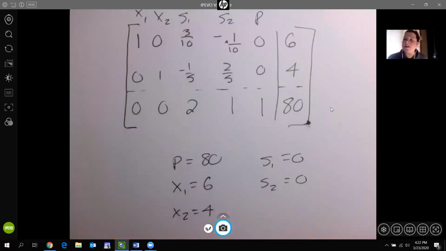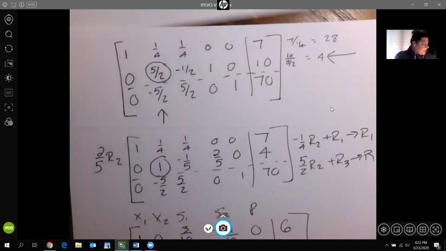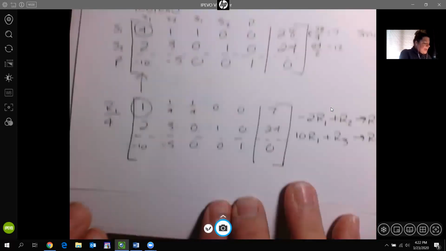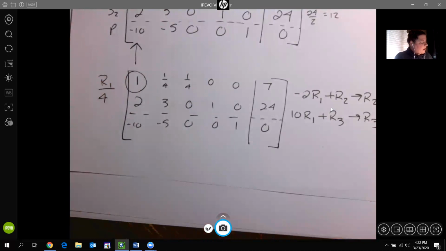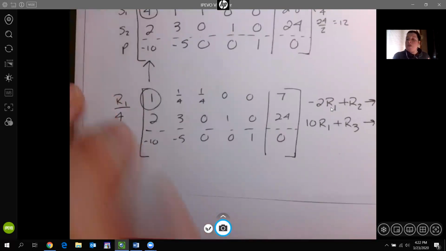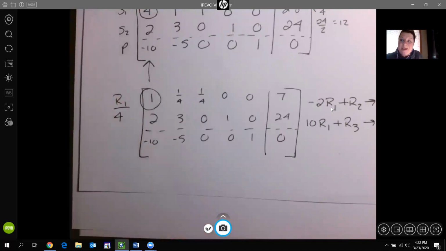All right, and then it talked about entering and exiting. So for your homework purposes, look back at what we did, okay? As I enter, I go in the X1. What happens is that X1 becomes important with ones and zeros, and it becomes basic.